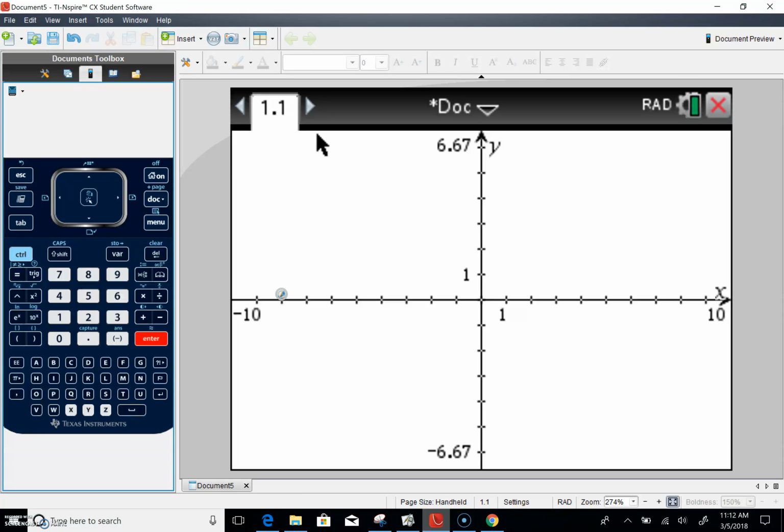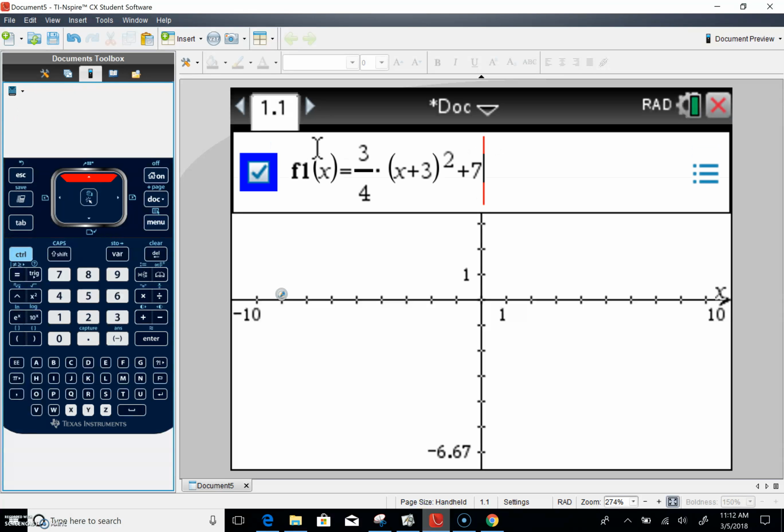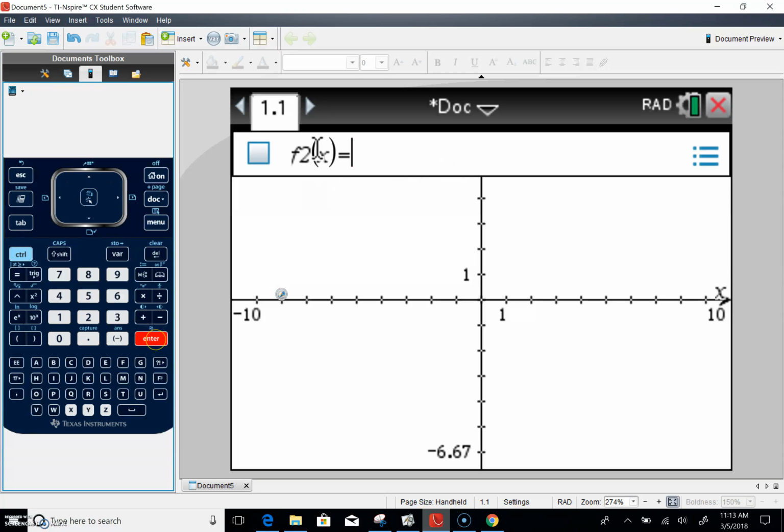Something's wrong. What did I do wrong? Tab. 3 over 4, x plus 3 plus 7. Enter. Okay. Part of the problem is that you can't see the graph, okay?